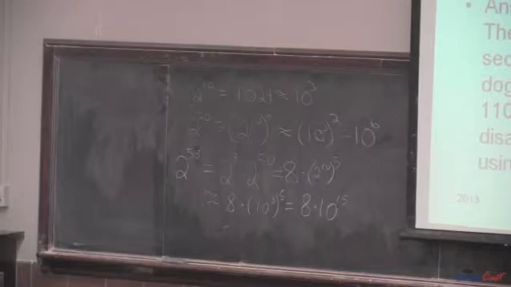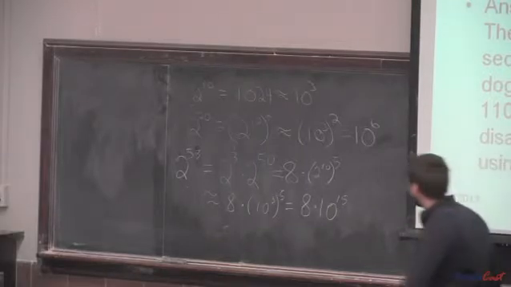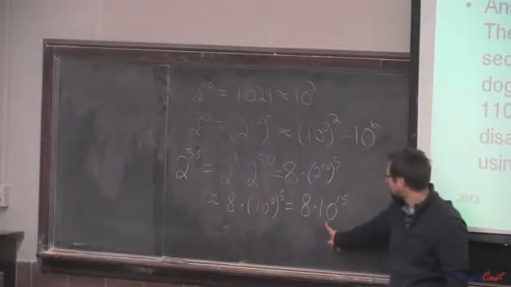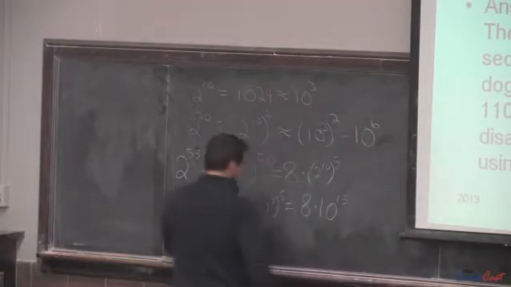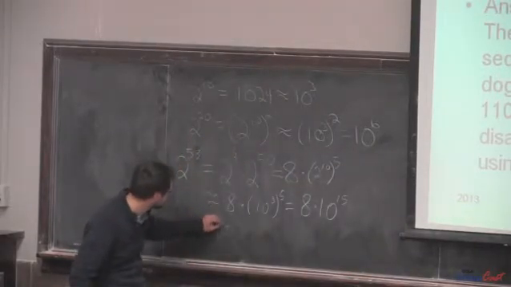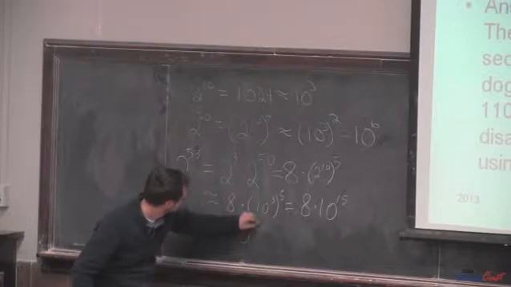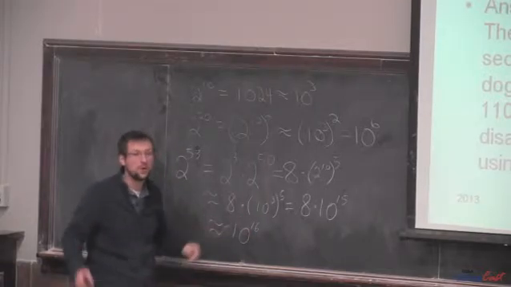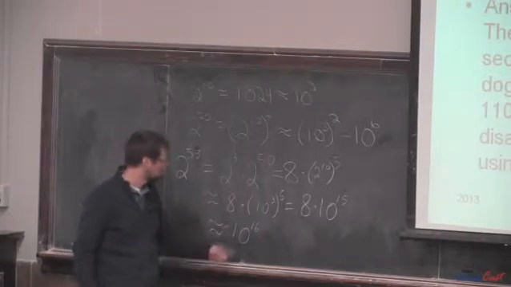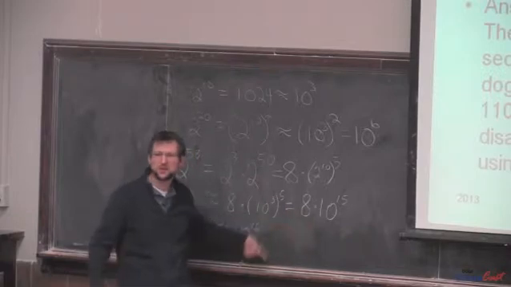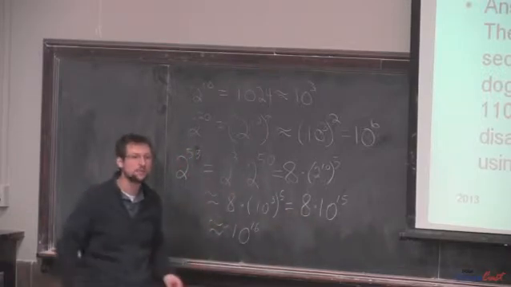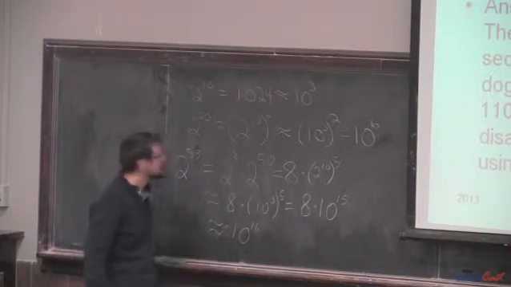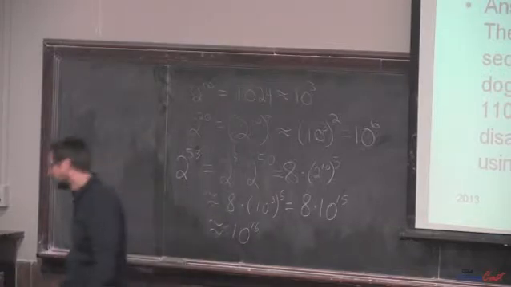Usually it's about the million that we care mostly about. So here we have 8 times 10 to the 15th. We often write this as approximately 10 to the 16th. 8 is pretty close to 10, and we're doing approximations anyway, so why not? So that's how to easily convert from powers of 2 to powers of 10.